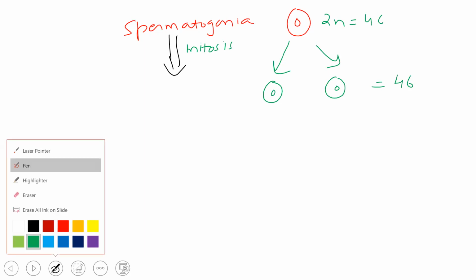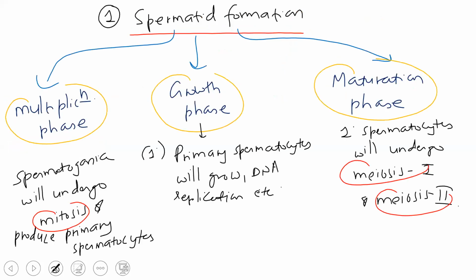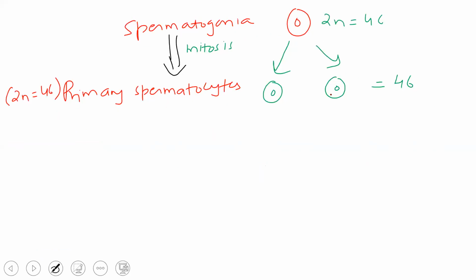It will form what we call primary spermatocytes, which are also 2n equal to 46. Got it? So we have formed primary spermatocytes by mitosis. Then they will undergo meiosis 1 and 2, as you see in the maturation phase.